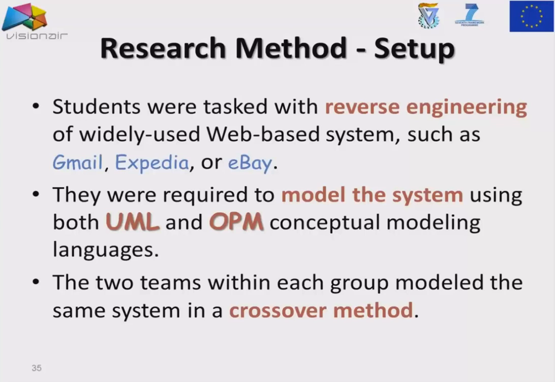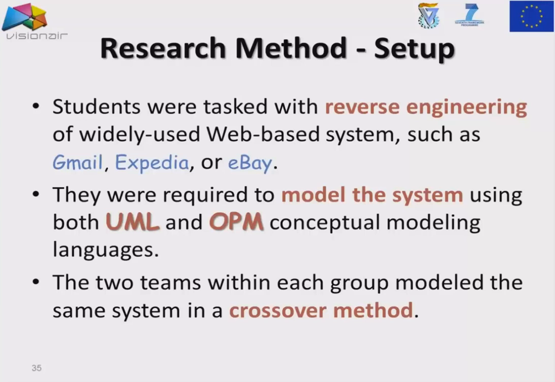And then they were required to model those systems using two conceptual modeling languages, UML and OPM. In the course, they learned to use UML and OPM. In their projects, they have to practice those languages. Each group modeled one system. Each team modeled the same system with a different language.